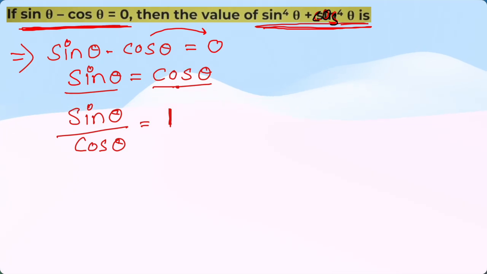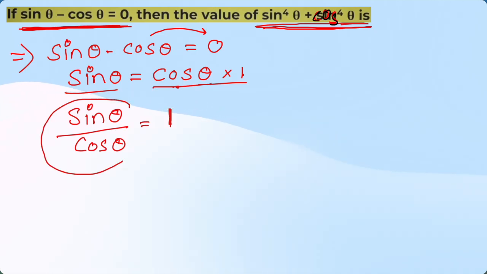Some students make a mistake here, they write it as equals to 0. No, it is cos theta into 1. So 1 will be left here. It is not cos theta into 0. If nothing is written it means 1 is there, right? Hope it is clear. So sine theta by cos theta, using the identity, it is tan theta. So tan theta equals 1.